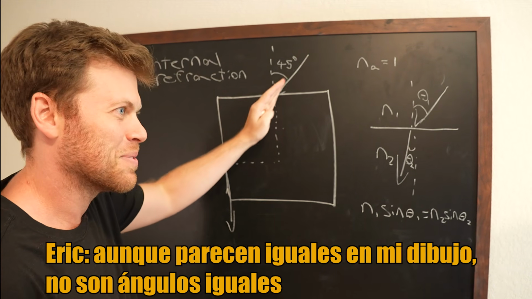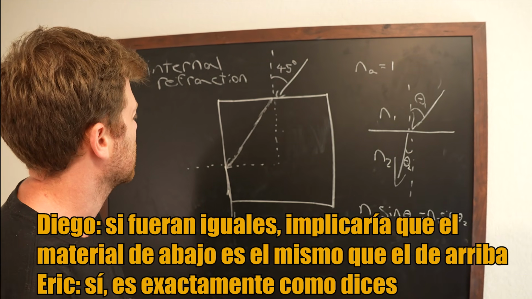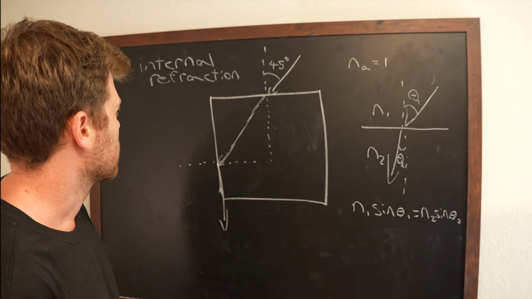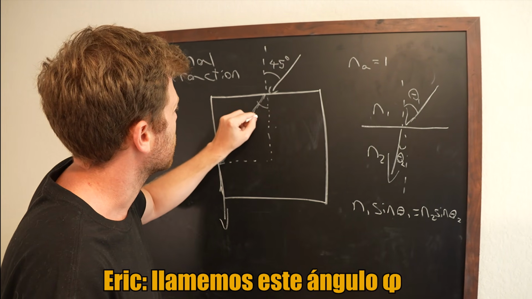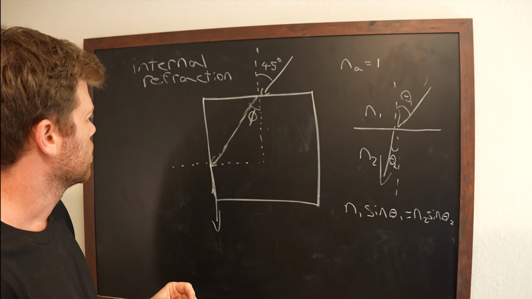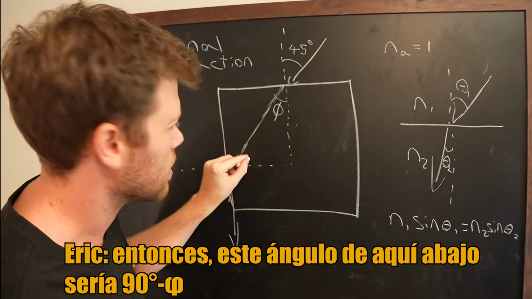So even though I drew it and it looks like that, it's a wider angle. Otherwise, that would mean these materials are the same as there. Right? Yeah, that's exactly what it means. So, okay. Let's call this angle phi. So that would mean that this angle here is 90 minus phi.